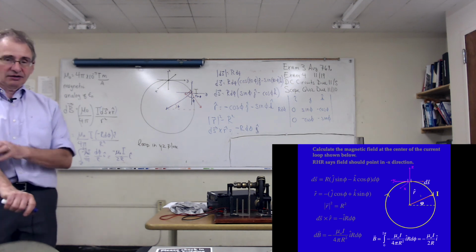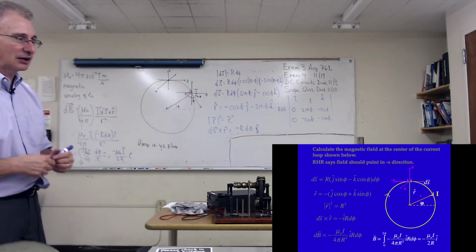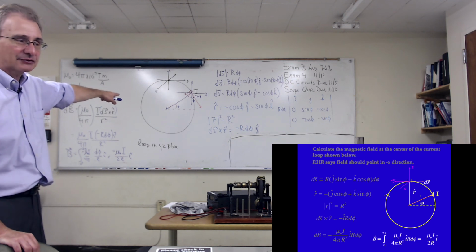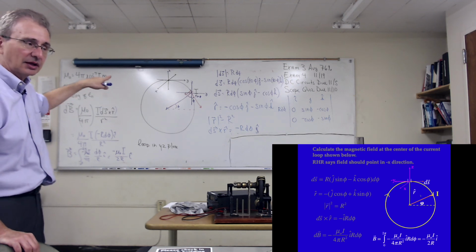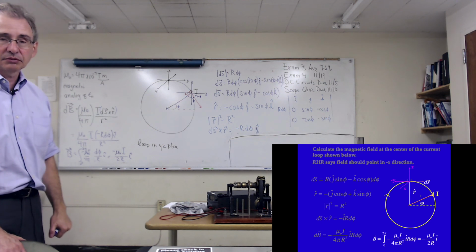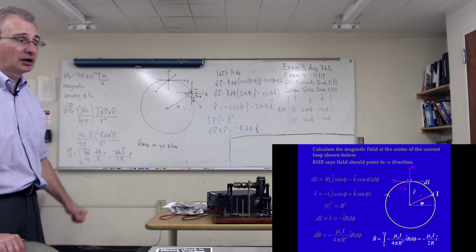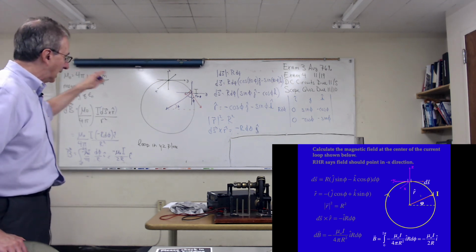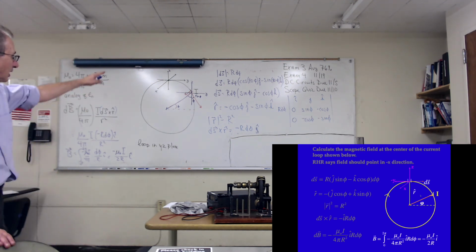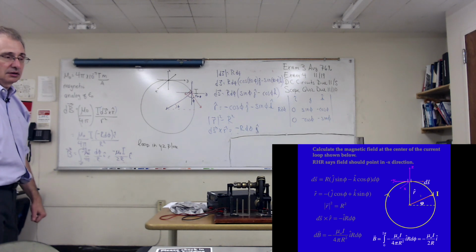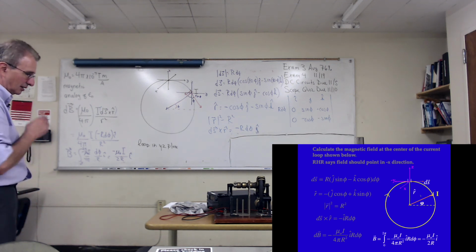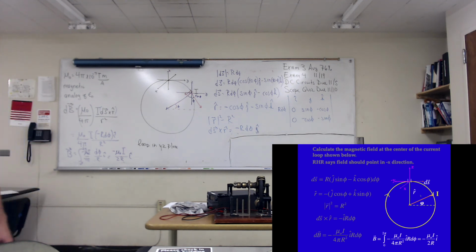Make sure, absolutely make sure you know how to do these problems, whether it's a full circle, half circle, quarter circle, or whatever. Make sure you know how to solve that problem. I said before, there's not that many versions of this problem that we can do. So absolutely learn how to do this from beginning to end. Understood? Okay.